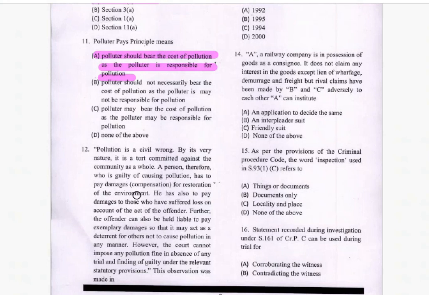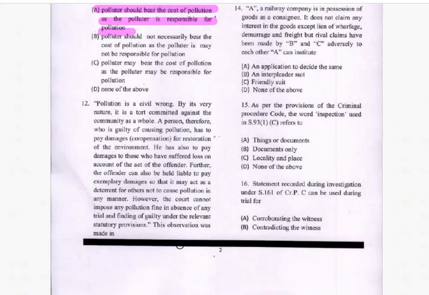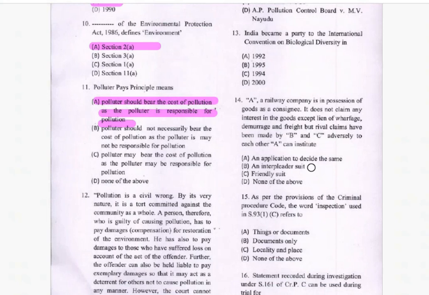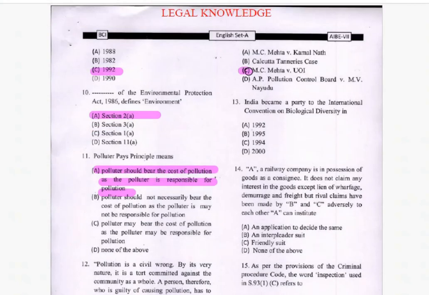Further, the offender can also be held liable to pay exemplary damages so that it may act as a deterrent for others not to cause pollution in any manner. However, the court cannot impose any pollution fine in absence of any trial and finding of guilt under the relevant statutory provisions. This observation was made in the landmark case of MC Mehta versus Union of India.